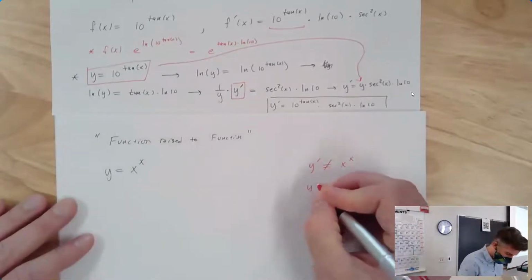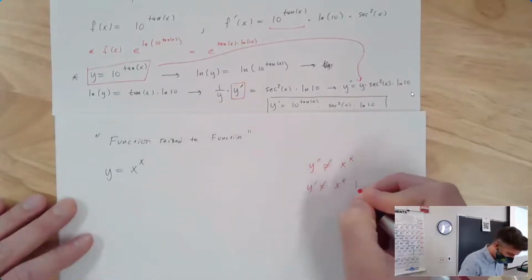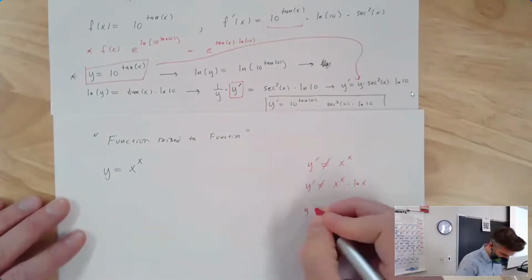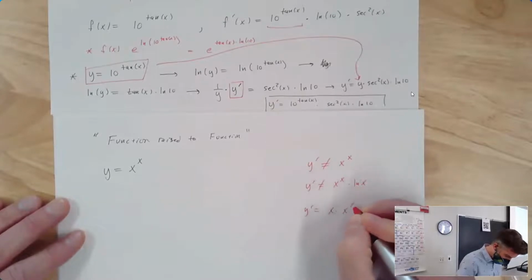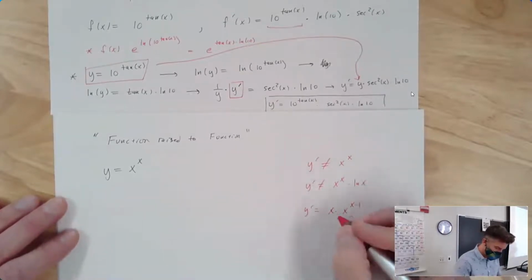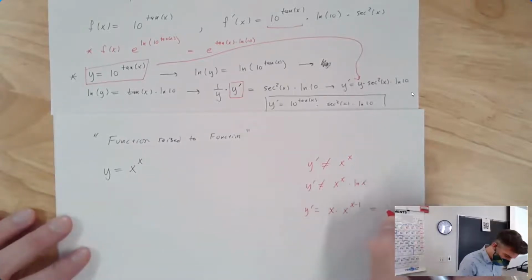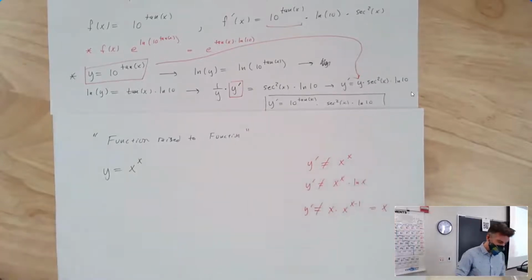It's not x to the x times the natural log of x if you maybe want to try and use the fancy rule. And it's definitely not x times x to the x minus 1. By the way, x times x to the x minus 1 is just x to the x because it's x to the first times x to the x minus 1. None of those answers are right.